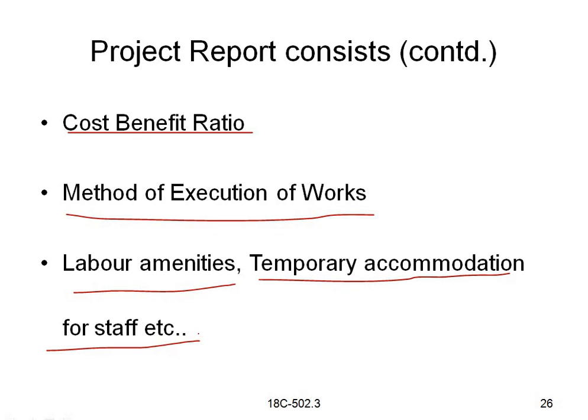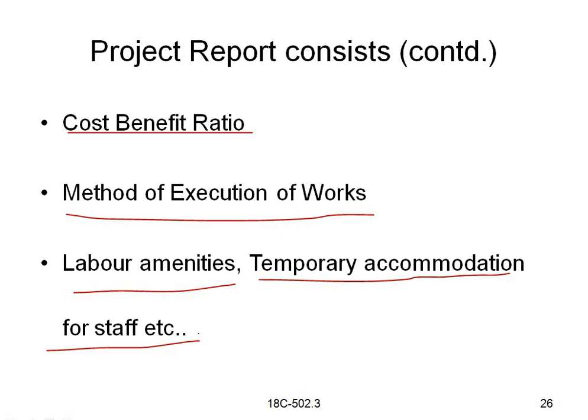So CBR, cost benefit ratio, is the ratio which shows the cost benefits. And method of execution of works: how the construction works will be done should be shown in the project report. And what the labor amenities are, where they have to stay, where they have to construct a temporary house, that we have to show, and temporary accommodation for the staff.